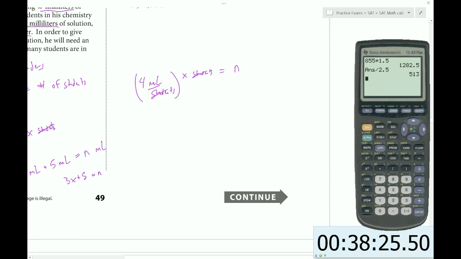So we would have to have n plus 21 milliliters for that to work. Okay, so let's just get rid of the units for a moment, make it a little bit simpler. So we're just looking at 4x is equal to n plus 21.